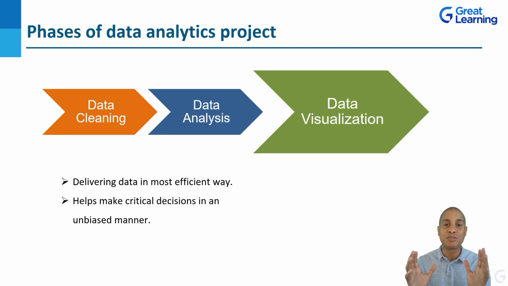And the way we do that is through visualization. We want to deliver the data and insights in the most efficient way. This helps to make critical decisions in an unbiased manner because you've created a visualization that's clear and concise and helps to deliver your point directly.